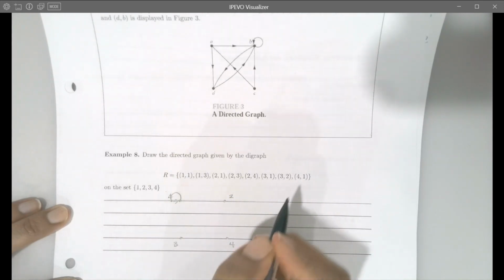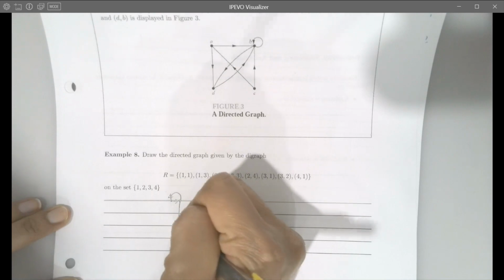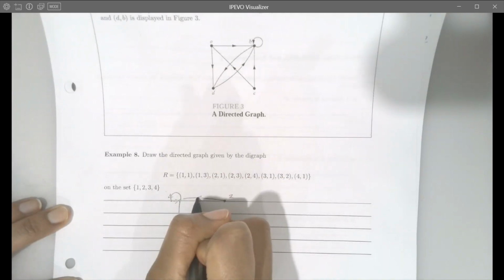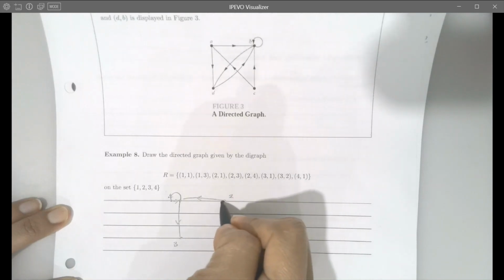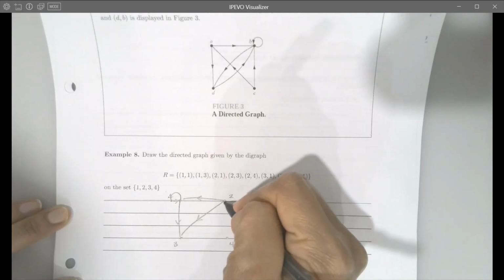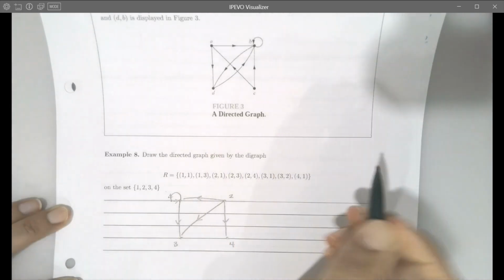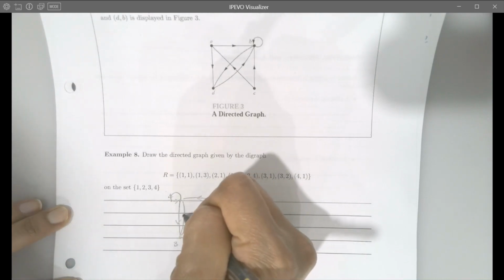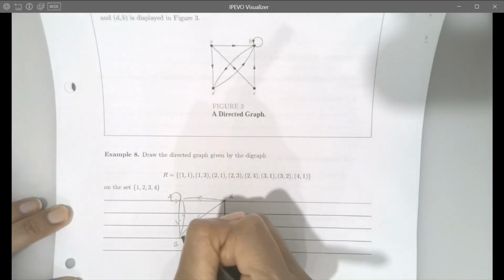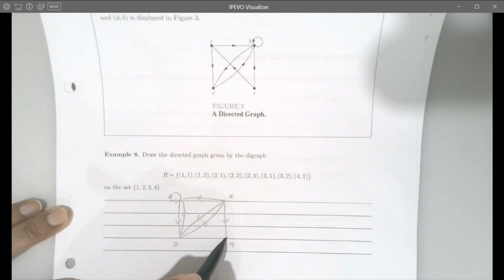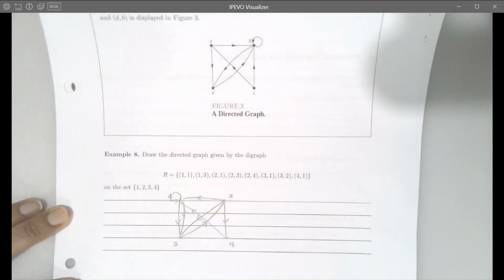Then we have an edge from 1 to 3. We have an edge from 2 to 1. We have an edge from 2 to 3. We have an edge from 2 to 4. An edge from 3 to 1. An edge from 3 to 2. And an edge from 4 to 1. And so that would be the digraph for that relation.